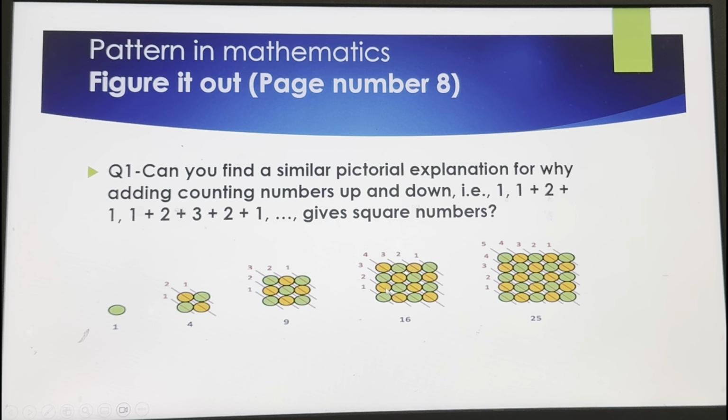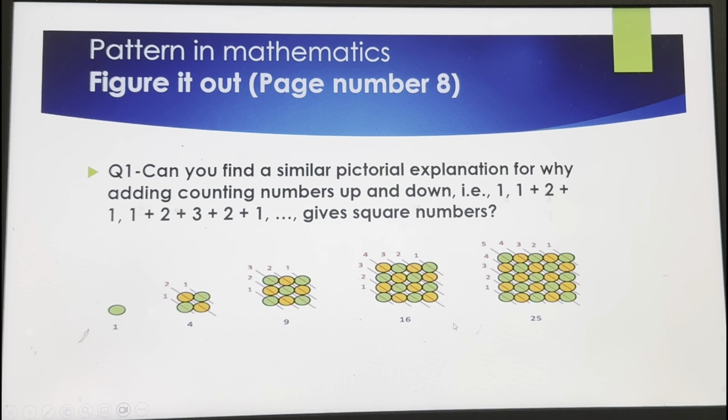Similarly 1 plus 2 plus 3 plus 4 plus 3 plus 2 plus 1 gives you 16. One more example, 1 plus 2 plus 3 plus 4 plus 5 plus 4 plus 3 plus 2 plus 1. So this is how you'll understand how adding counting numbers up and down gives you a square number.